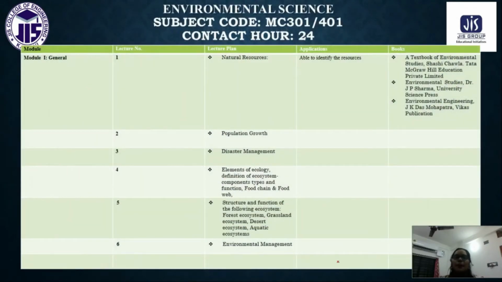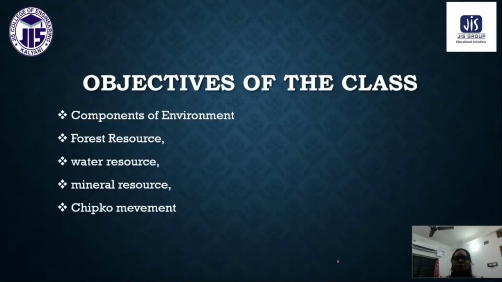This is the lecture plan of this chapter. Okay, now these are some of the objectives of today's class. Today we will discuss the components of environment. What are the components of environment that we have, that we will see first.